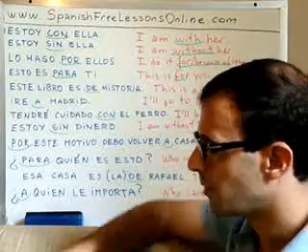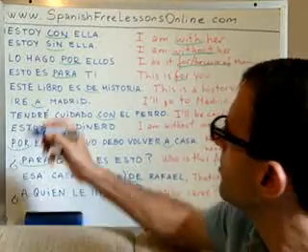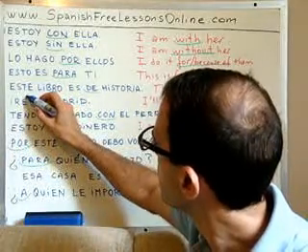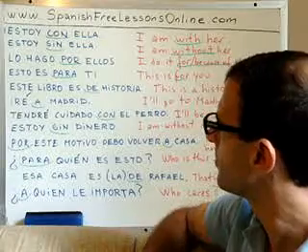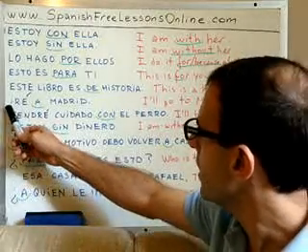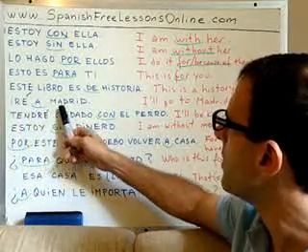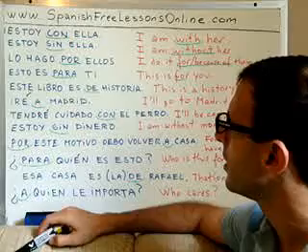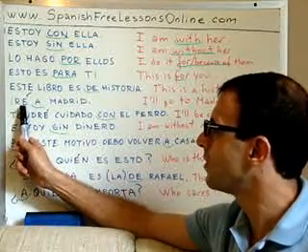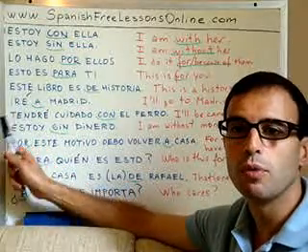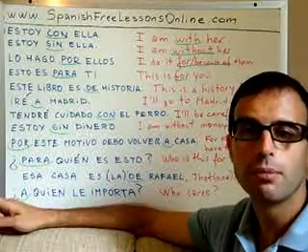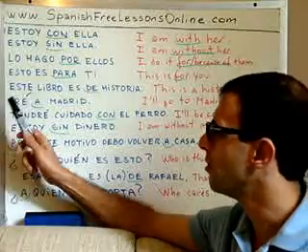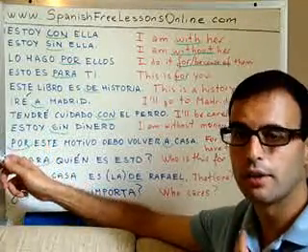Iré, sorry, we are missing the tilde here. Iré a Madrid. This is future tense conjugation of the verb ir, or verb to go, for the first person, for I, or yo.